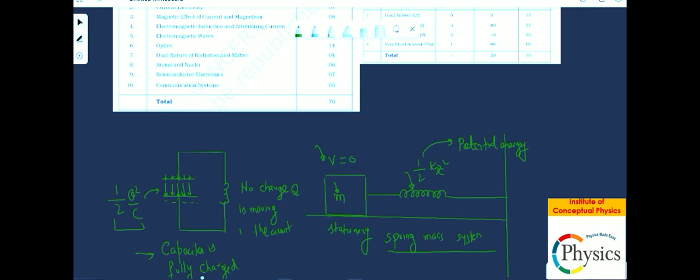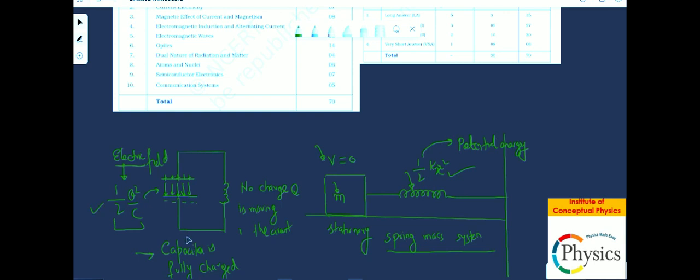So the potential energy stored in a spring block system is equivalent to the energy stored in the form of electric field in the capacitor. So this is the analogy between the capacitor and the potential energy.